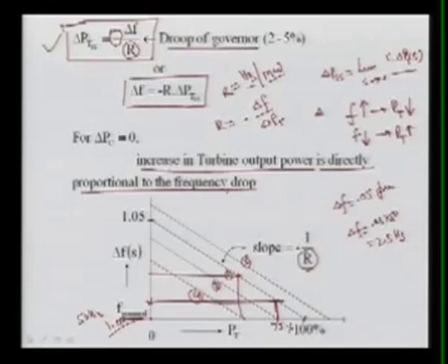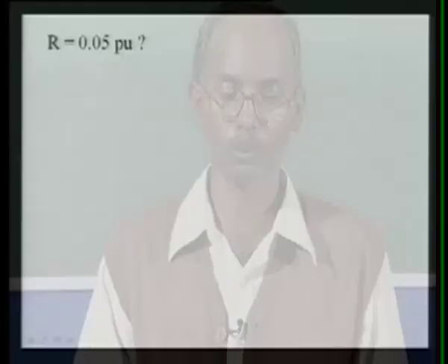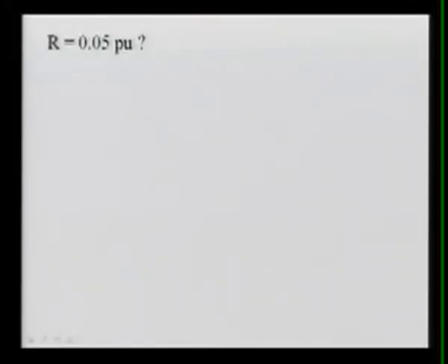Now as I discussed, let's suppose R is 0.05 per unit. As I said, the unit of R can be hertz per megawatt, or hertz per unit megawatt, meaning the megawatt is in per unit.